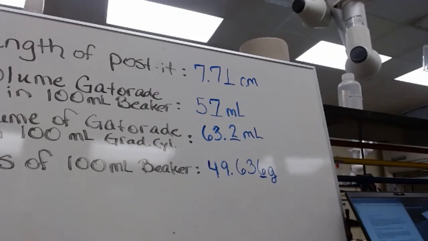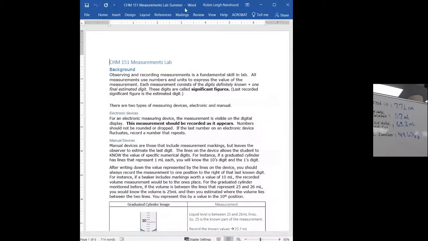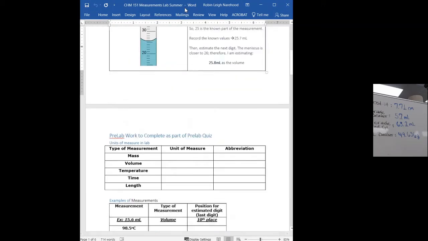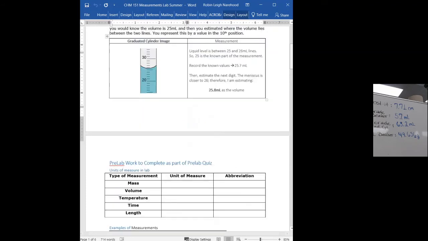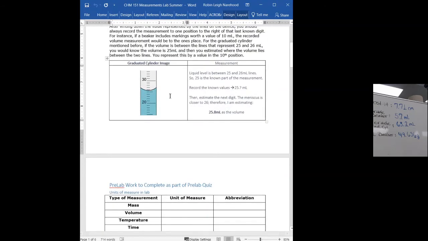Just to show you for a moment what the experiment looks like. There's a background. I explain again significant figures, which we talked about in class, the different kinds of devices. I show you an example of how you can read the volume.